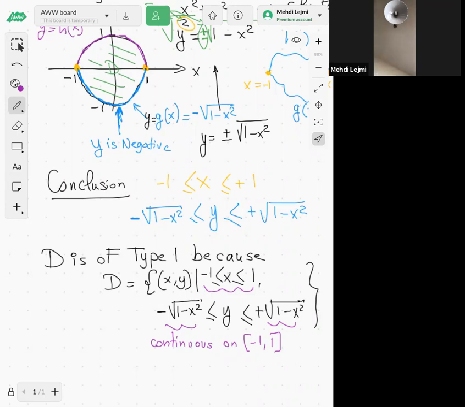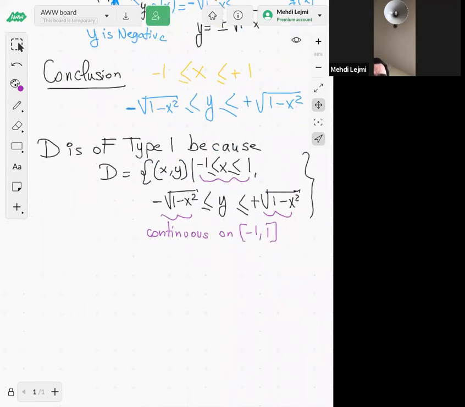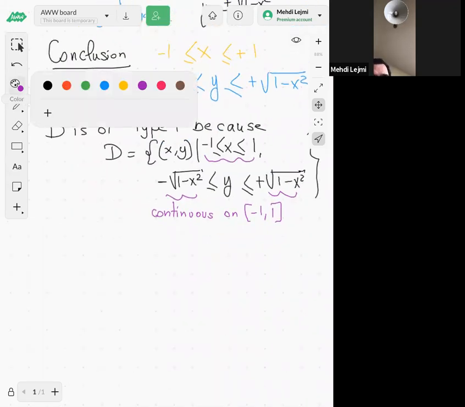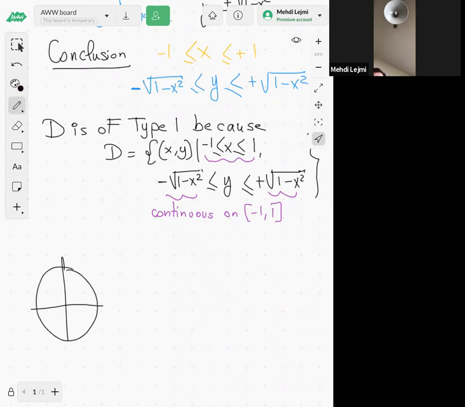Anyway, D is of type 1, but D is also of type 2, right? Because we can do the same thing, but instead of starting with x, I can start with y. We still have our circle. Here in the top I have y equals 1, and here in the bottom I have y equals -1.